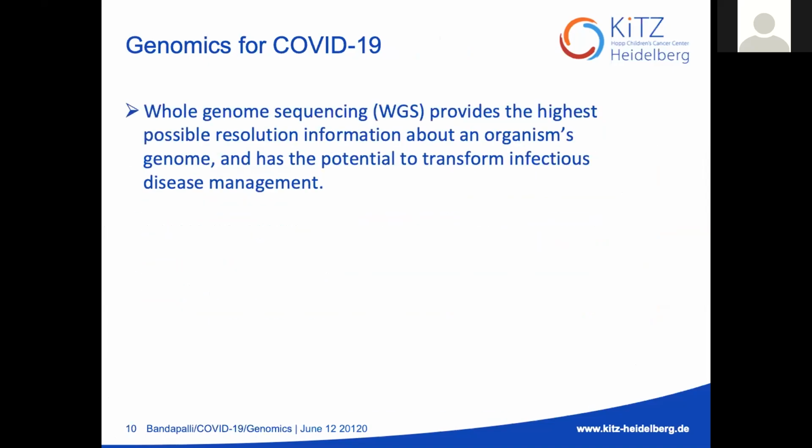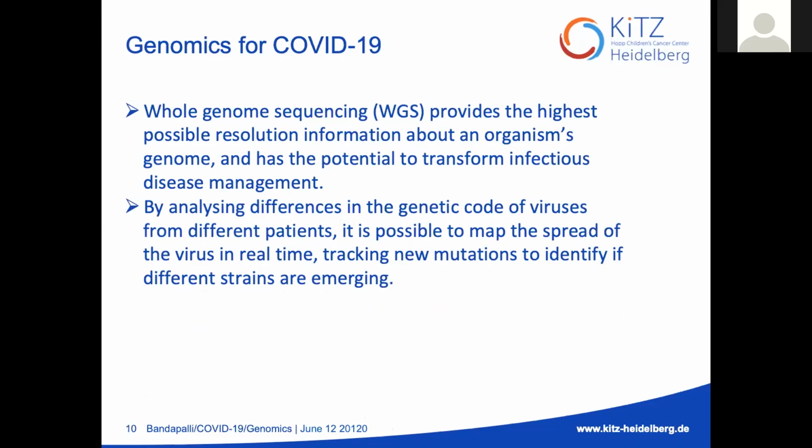So what is the view of genomics for COVID-19? For example, whole genome sequencing provides the highest possible resolution information about an organism's genome, and this can be used for finding the epitopes which you can target with vaccines and for developing therapeutic approaches. This will also help in infection management: how prevalent it is, how it is transmitting from one place to the other, and how it differs from one place to the other.